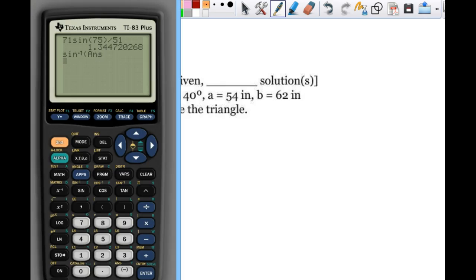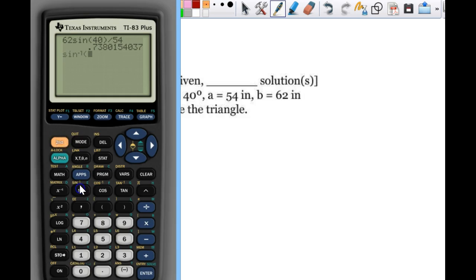Okay, so to do that, make sure you're typing with me because there's going to be a lot of storing here. 62 times the sine of 40 divided by 54. Now what that gives me is the sine of B, but I need B, right?